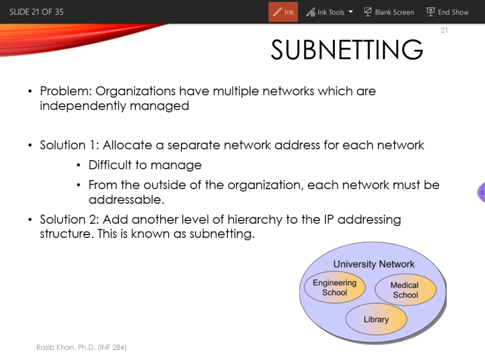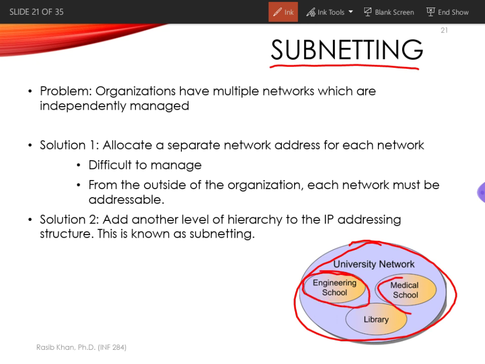So what subnetting does is that it allows us to divide a large network into smaller subnetworks. The hierarchy that we see is a large network, let's say for a university, and then we have smaller subnetworks for each department. Let's say the engineering, the medical school, the library, etc.